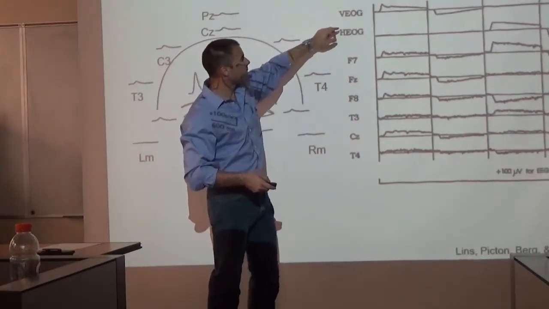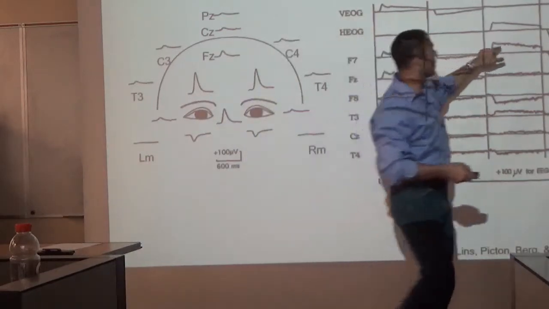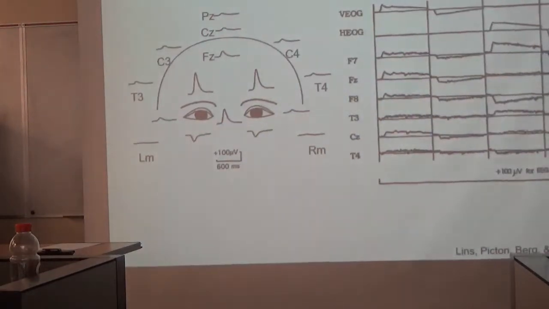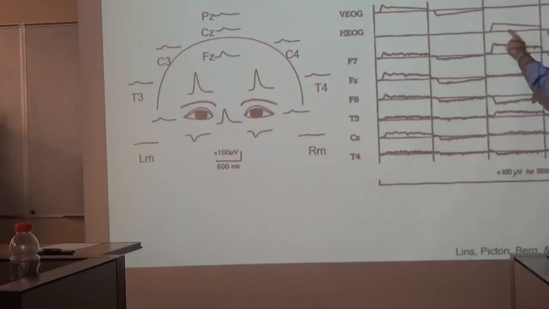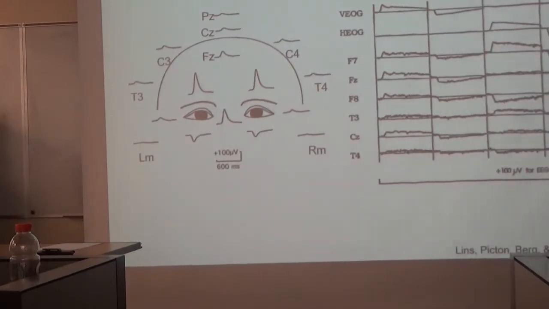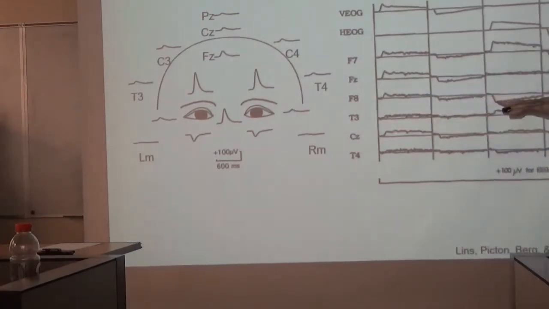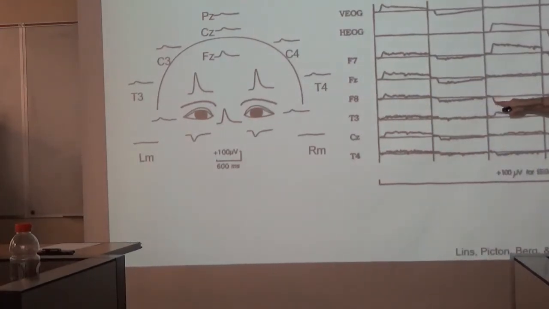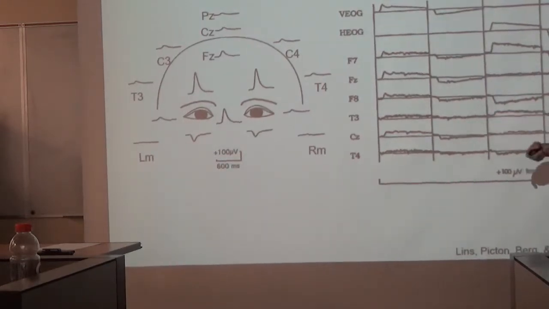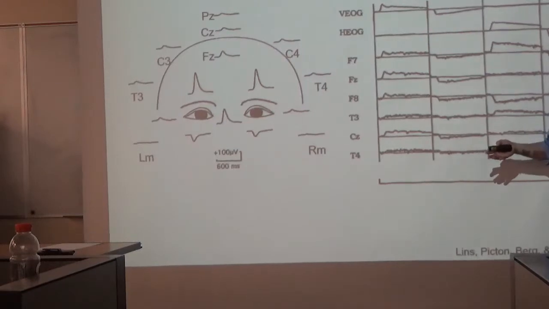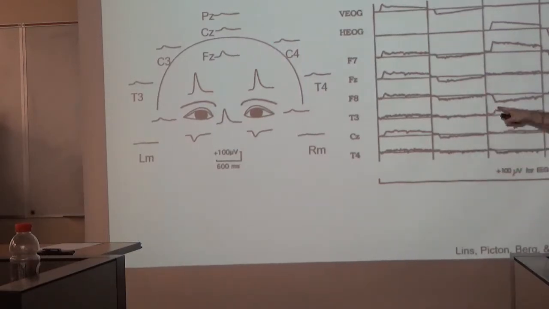We can see these other functions too. Again, we can have that big blink. We can look at looking left, right, or saccades, and see how they're reflected in our frontal or temporal electrodes. This might be frontal or temporal activity that you might otherwise think, oh wow, that's the brain acting funky, the brain's really active here.